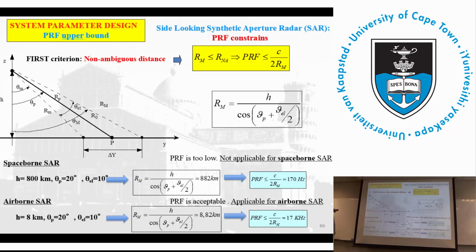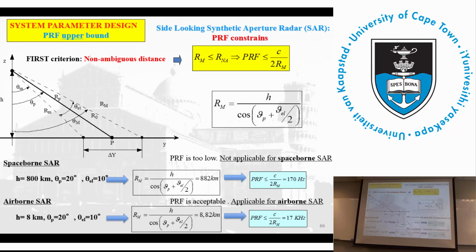So that tells me that the PRF should be less than or equal at most to c divided by 2 times Rn. So that tells me that my non-ambiguous range is actually sitting here, if this is equal, or is sitting further, if this is less than.